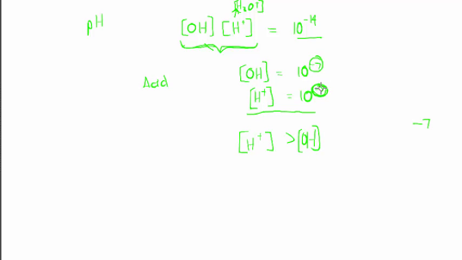If I increase this one, this one becomes negative something, but then this other one must become a bigger negative number because they must still add up to 14. So for example, if this one is -4, then this one must be -10. I don't want to go into the pH comparison there.